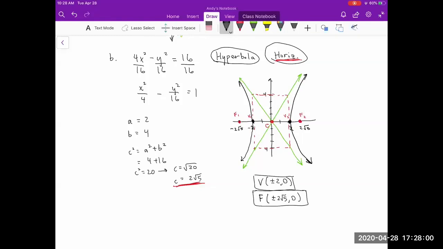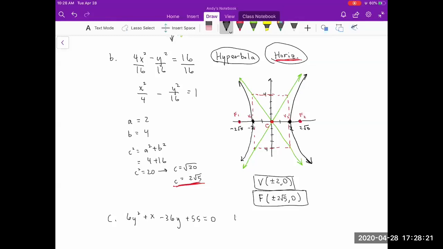So now part C. Part C says 6y squared plus x minus 36x plus 55. Sorry, it's 36y. Yeah. 36y plus 55 is equal to 0.